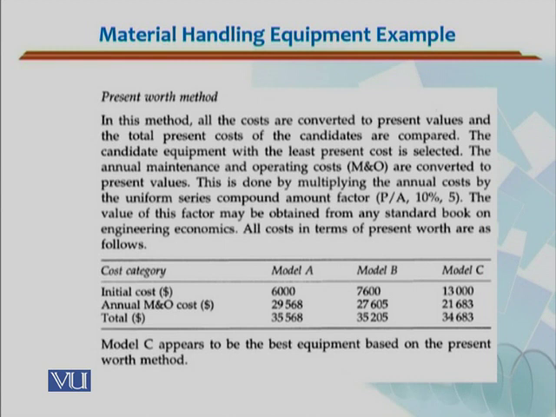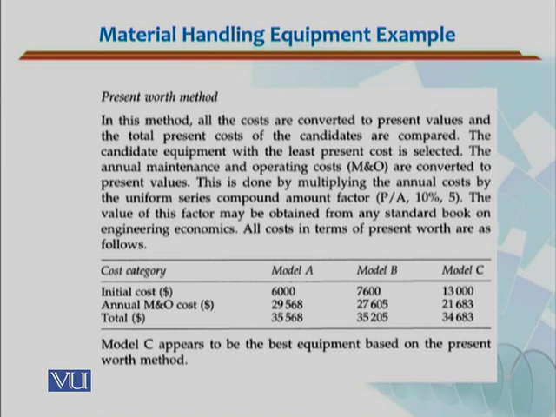The annual maintenance and operating costs M&O are converted to present values as well. So आपको सबकी present value find करनी है. This is done by multiplying the annual cost by the uniform series compound factor, that is P over A, having a 10% interest rate for the next 5 years.